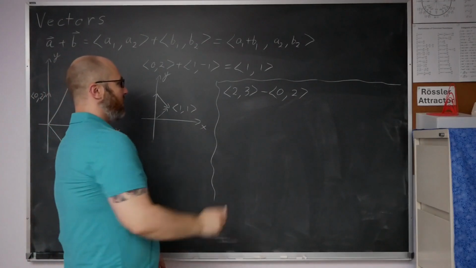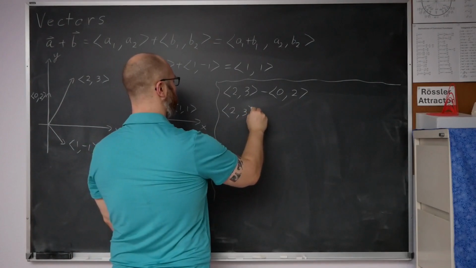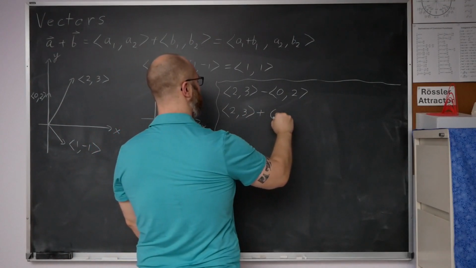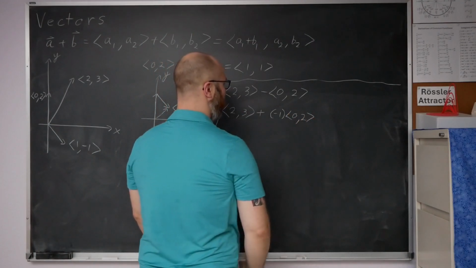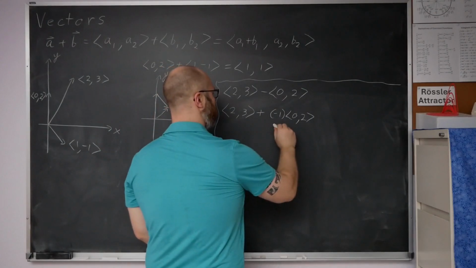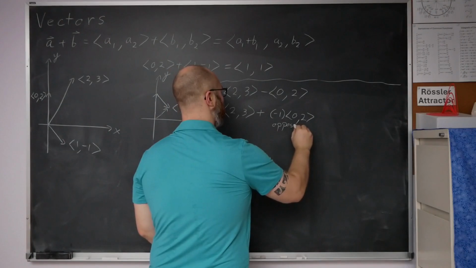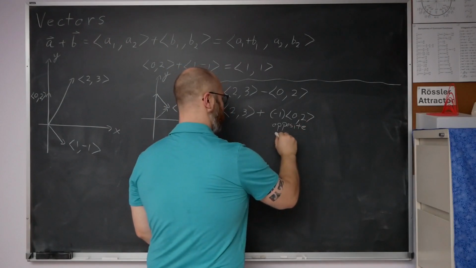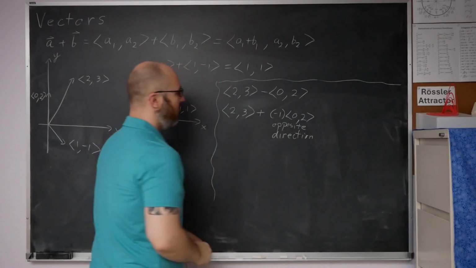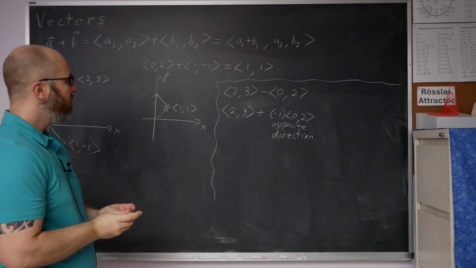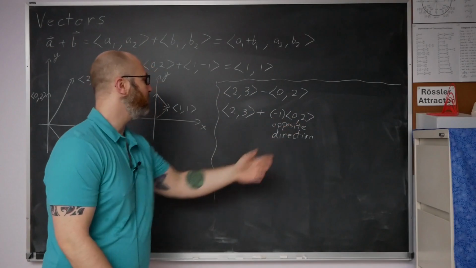So instead, I like to think of it as 2, 3 plus negative 1 times 0, 2. What this ends up doing is it makes the vector go backwards. It goes in the opposite direction. And so then if you add those together, instead of a subtraction, I have an addition with a vector going backwards.